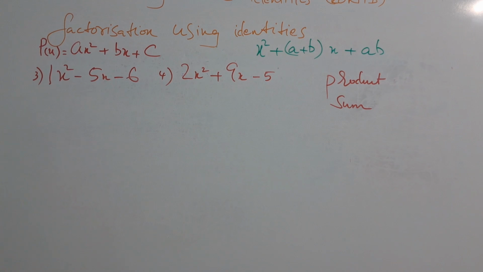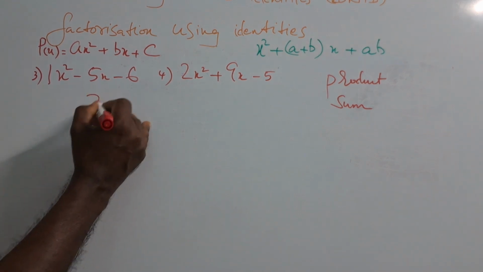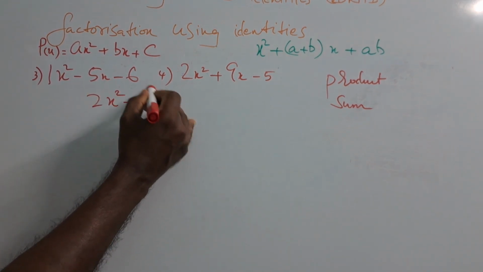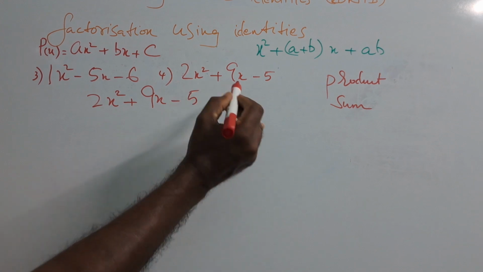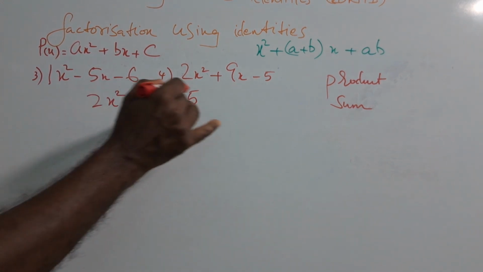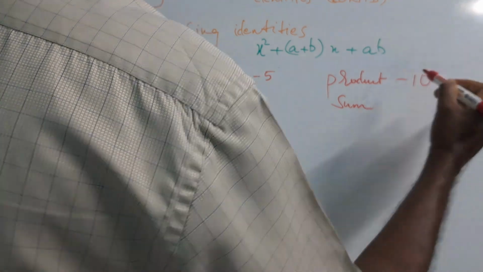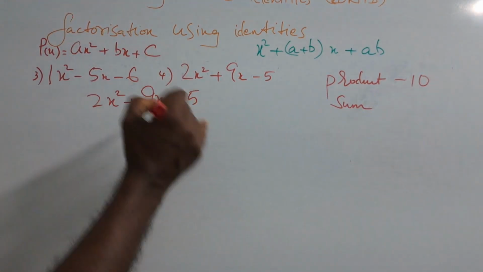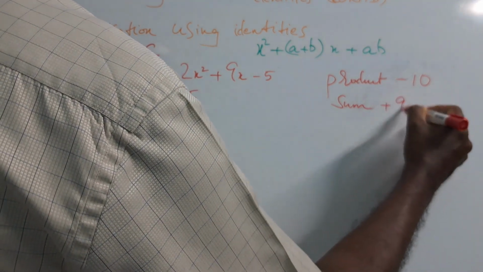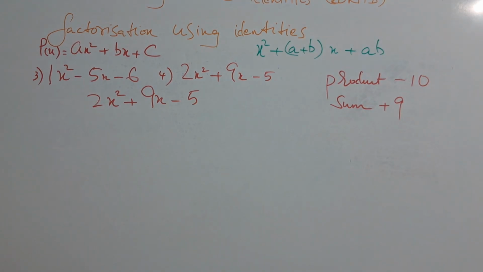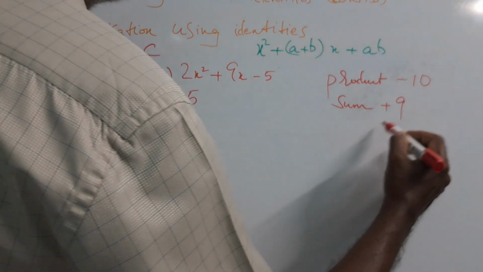Next question. 2x square plus 9x minus 5. The product is a into c, 2 into minus 5, minus 10. Sum is b, which is plus 9. We need to find two numbers, as we have done in earlier cases.